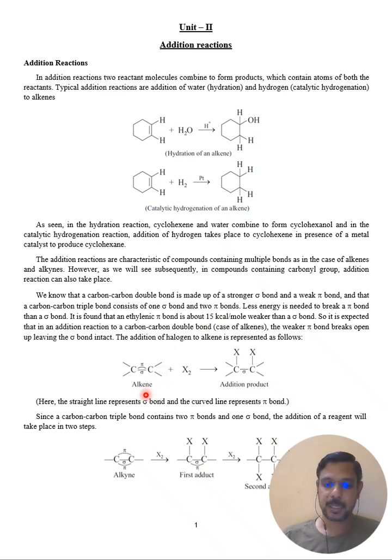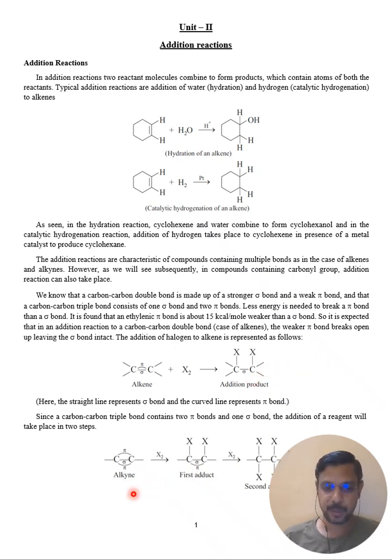If we take a simple alkene, we have one sigma bond, mentioned here as a straight line, and the pi bond, mentioned here as a curved arrow. We are going to add a halogen molecule, which can be iodine, bromine or chlorine, on the double bond, which produces the addition product.